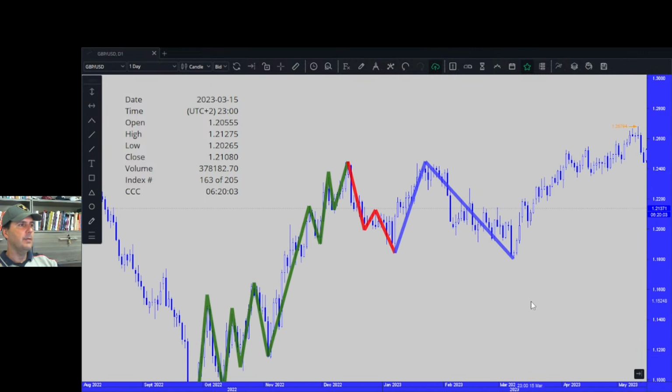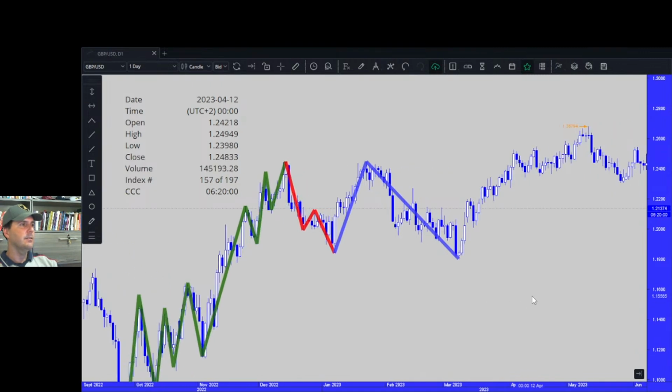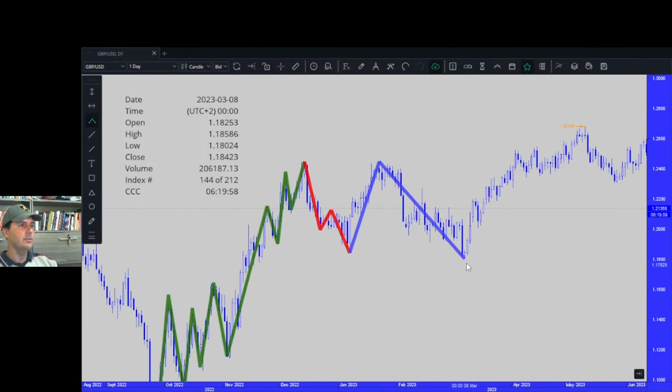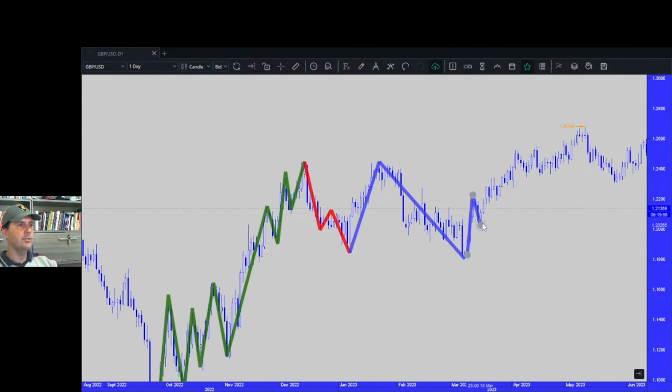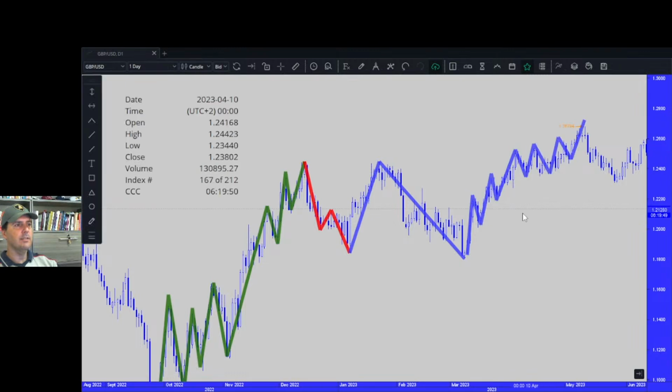But then what happened in here, everybody? Then the market made low to high, high to low, low to high, high to low, low to high, high to low, low to high, high to low. Didn't the market resume a trend?